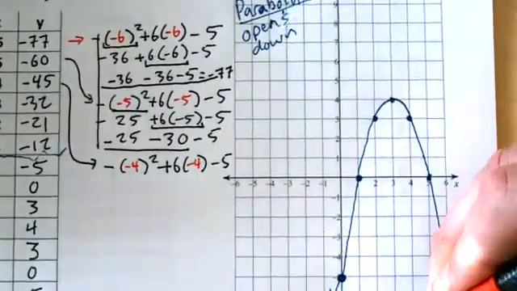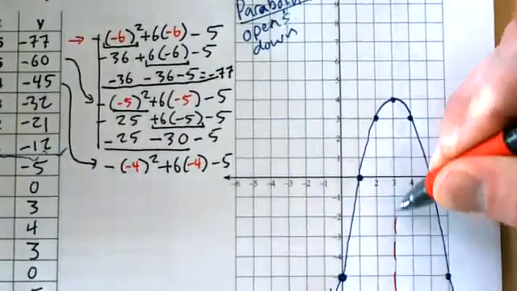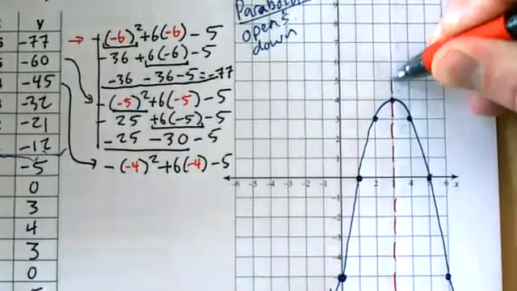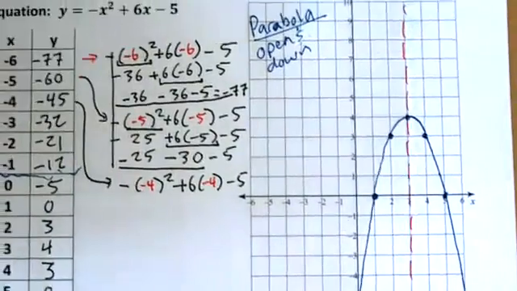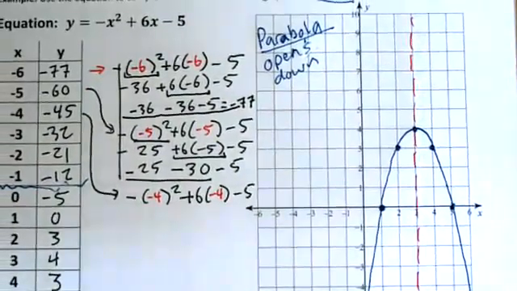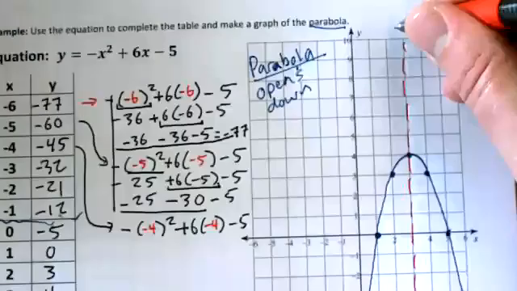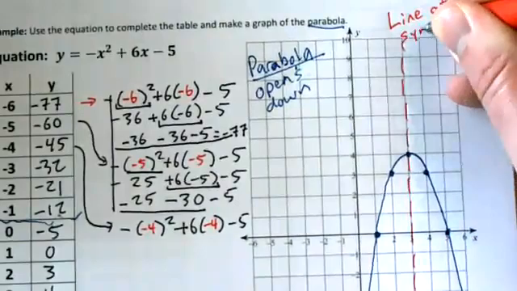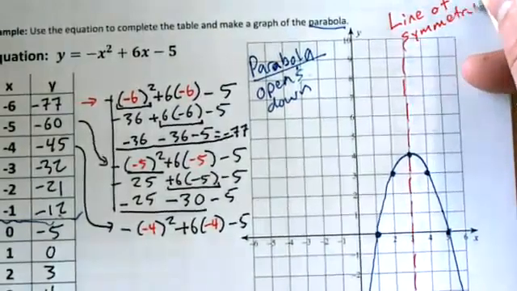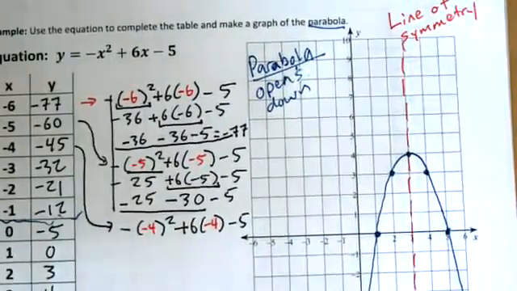I like to use a dashed line for my line of symmetry. Sketch that right on your graph, all the way up through it. You guys have heard of symmetry before, right? Yeah. And I'm going to label that line of symmetry. That's enough to get you a point in this chapter.